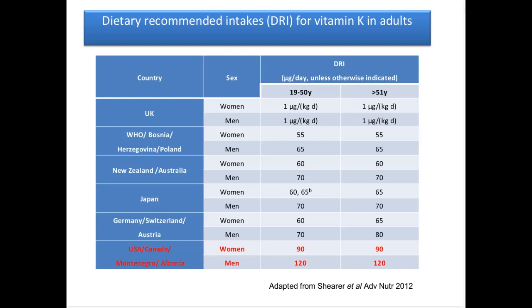Now, the groups that have intakes that are below the recommended intakes are the elderly. Older people tend to consume about between 60 and 70 micrograms per day. Institutionalized elderly, individuals in nursing homes, Alzheimer's patients, these individuals tend to consume well below the recommended intakes. So therefore, the group that probably is at greatest risk of low vitamin K intake are the elderly.